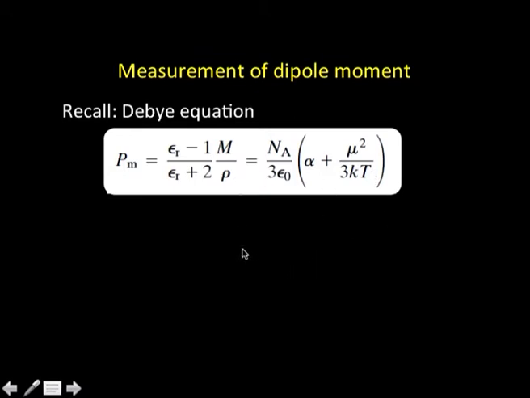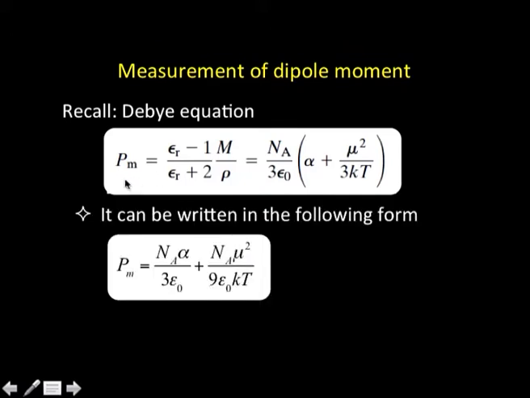Now, to make things easier for ourselves, we just rewrite this equation. We write Pm, that is molar polarization, to be equal to, we just open these brackets and write the following expression. We find that the molar polarization is dependent on two properties. This is a bulk property and these two are the molecular properties, alpha, that is the polarizability, and mu, that is the dipole moment.